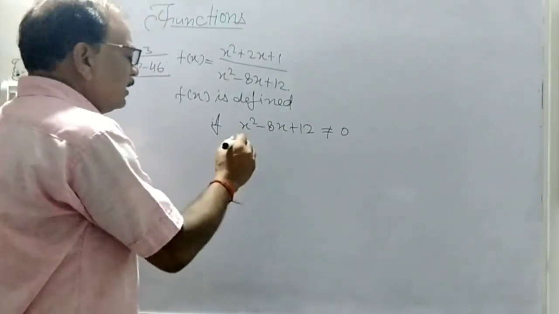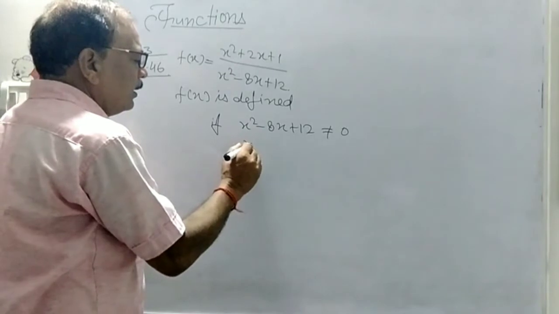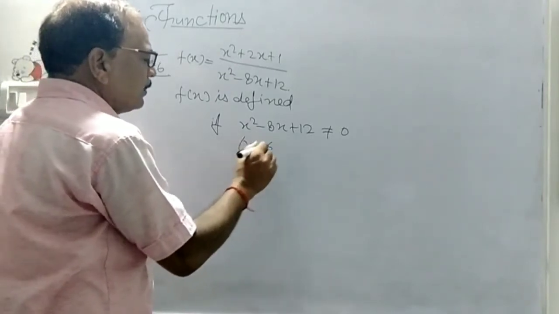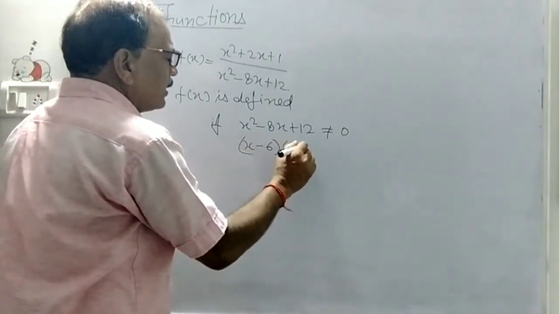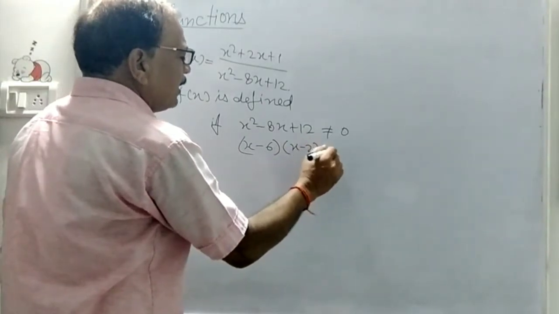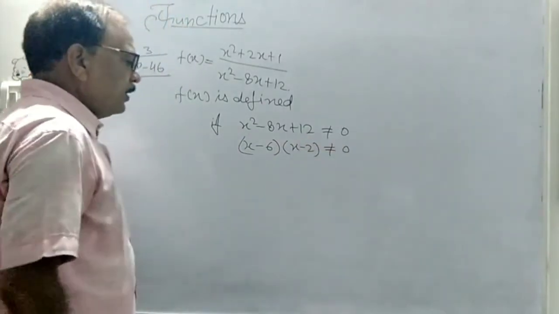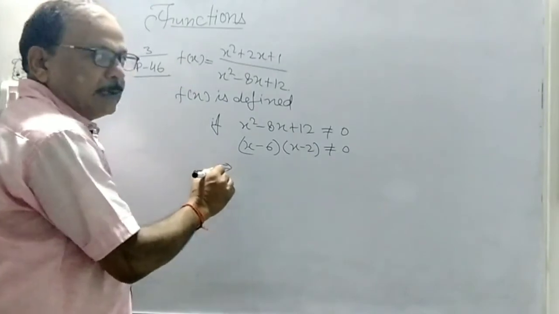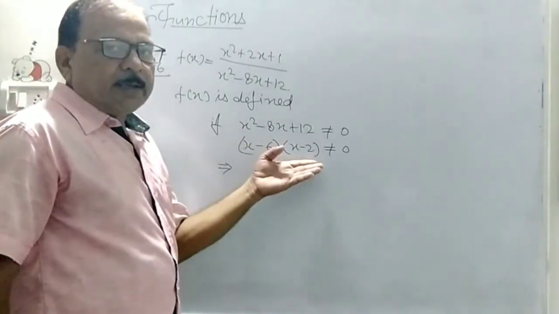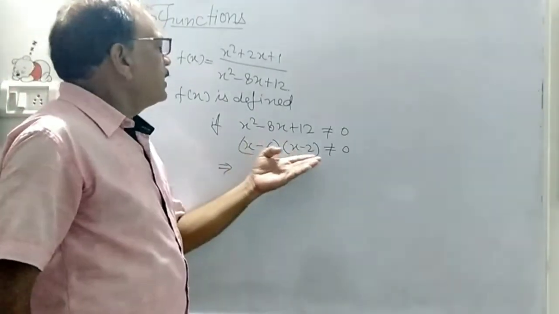Factorize this. Now if you factorize, then you get (x minus 6)(x minus 2) is not equal to 0. इसका हम फैक्टर करेंगे x minus 6, x minus 2.